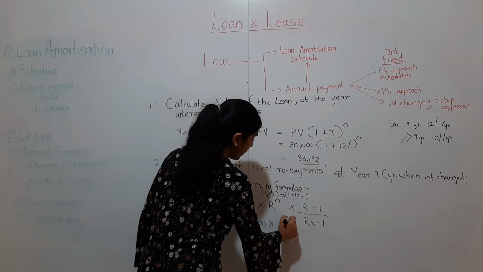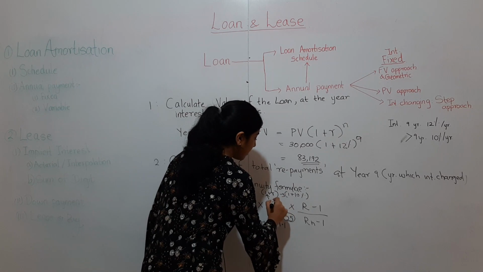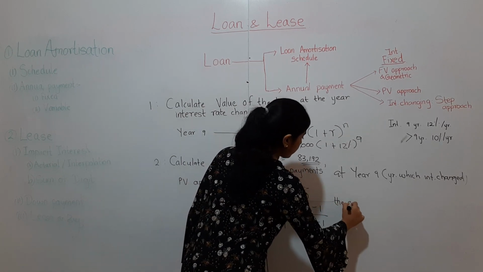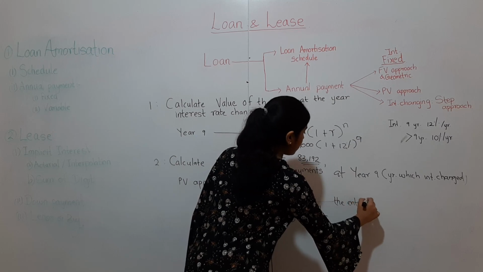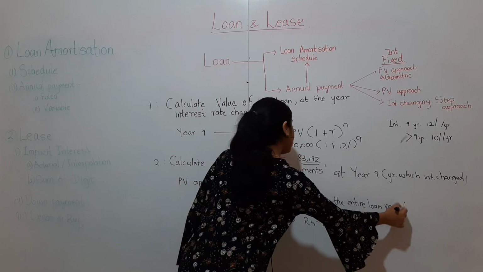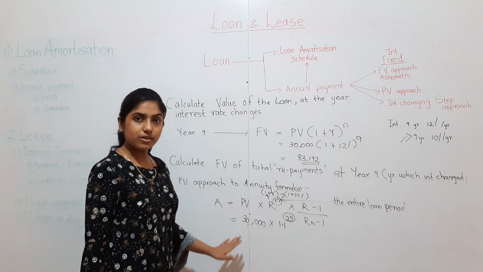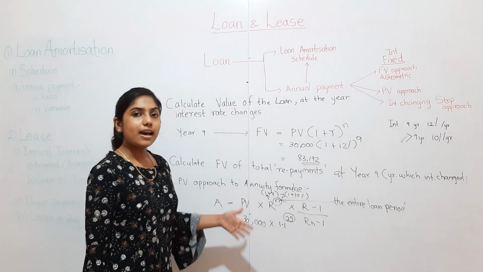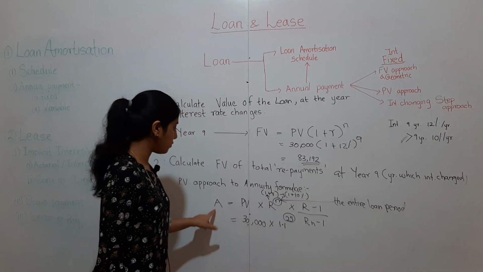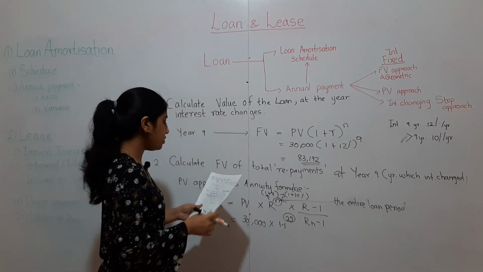I said 25 years. That is the entire loan period. Make a note of it. For the entire loan period only, you first of all have to calculate your monthly repayment, and then you should use that monthly cash flow and find the future value.